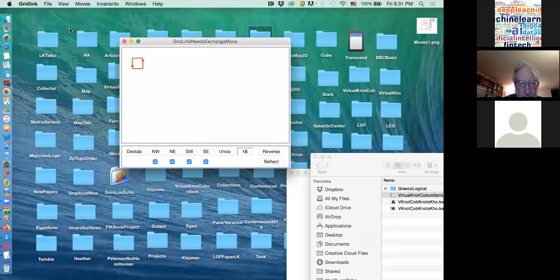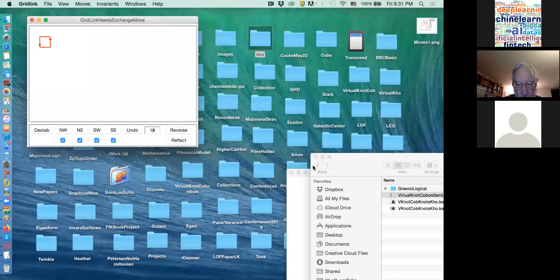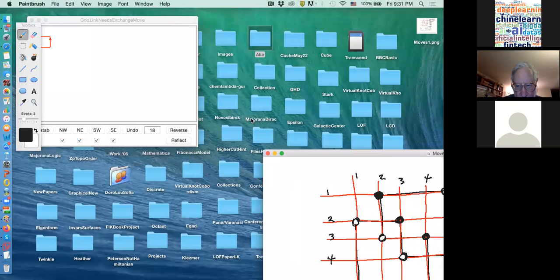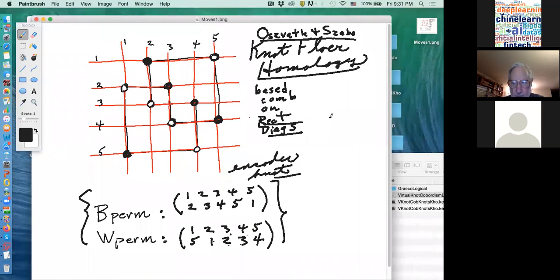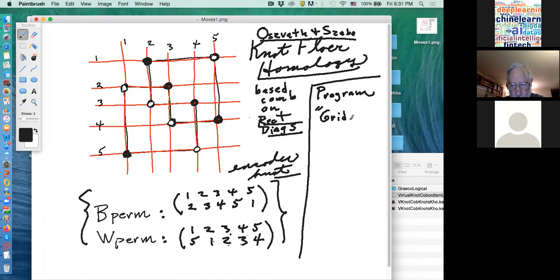So here it is. This is GridLink, produced by, let me give you a reference, written in Python by Mark Culler at University of Illinois, Chicago.